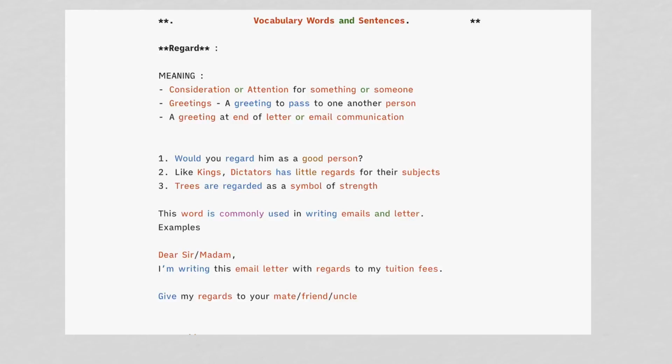The last one for regard is give my regards to your mate, uncle or friend, which is in terms of the greeting. So at the end of a letter, we also use best regards, in letters or email communication.